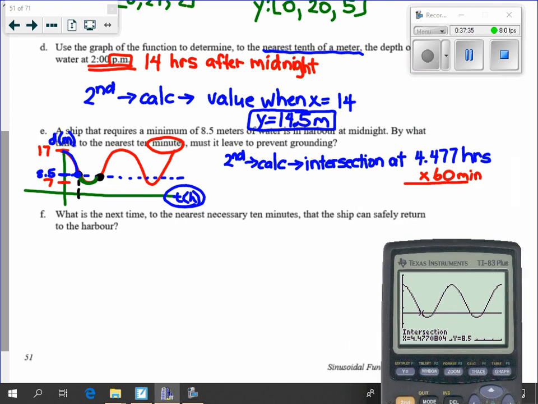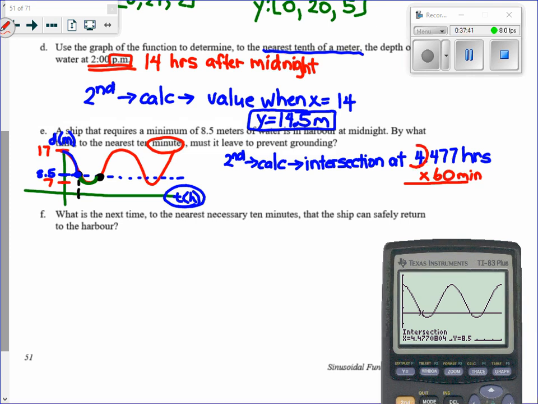Well, the 4 hours part is okay because that's going to be hours after midnight. So 4 hours after midnight is going to be at 4 something, but it's this minute part we need to figure out, right? So we need to figure out this 0.477, how much of an hour that is.